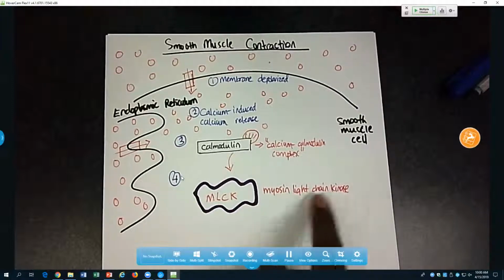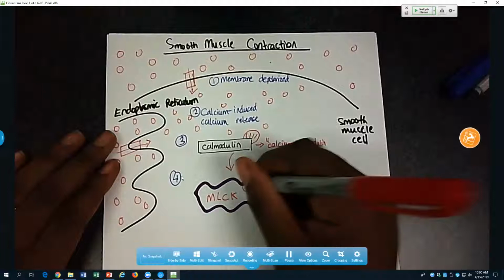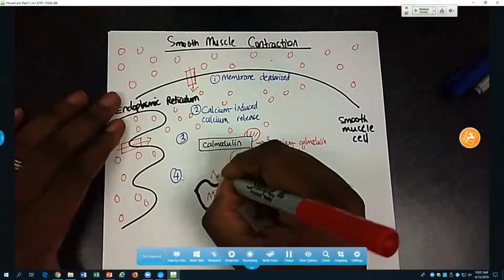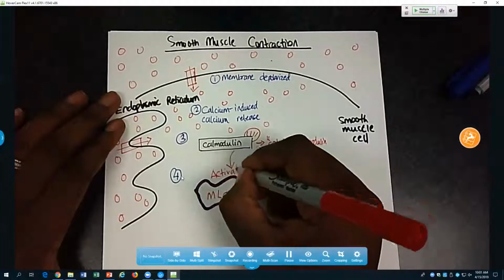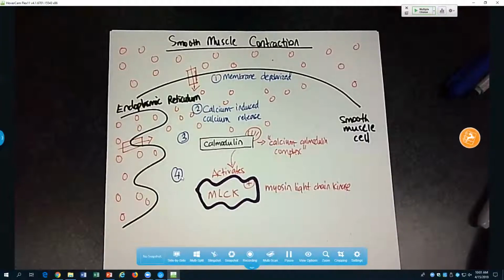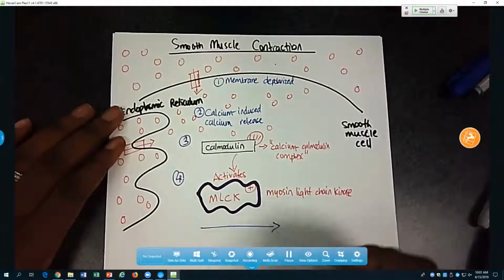So that myosin light chain kinase is an enzyme that's basically going to phosphorylate the myosin head in this sliding filament model. So now it's gonna be turned on or activated by this calcium calmodulin complex, and now it's energized to go and phosphorylate the myosin head. Now, so let's draw this here, right?